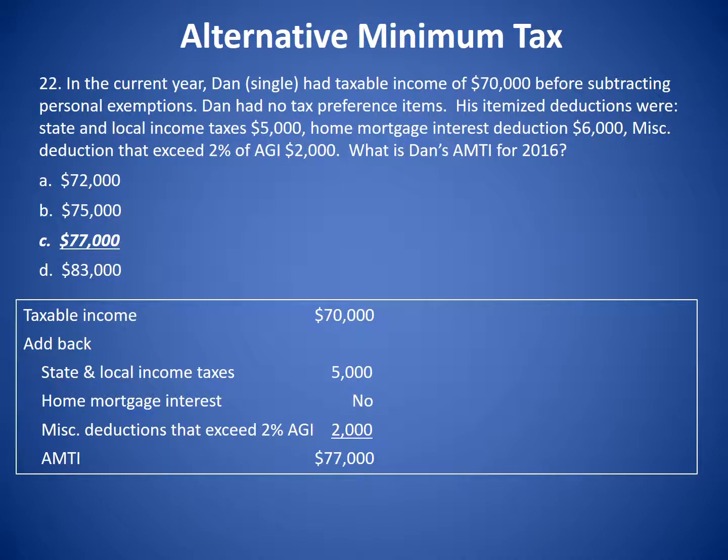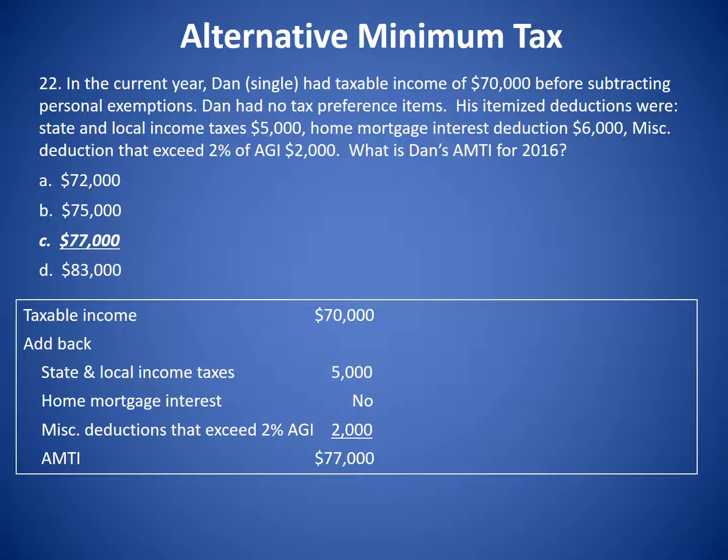Okay, number 22. Again, the question is, what is Dan's AMTI for the tax year? And the answer in this case is C, $77,000. Start off with Dan's taxable income of $70,000. Now we have to add back his state and local taxes, which he was allowed to deduct, so we add those back.